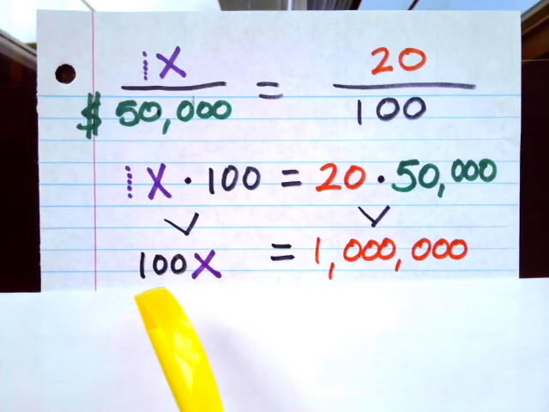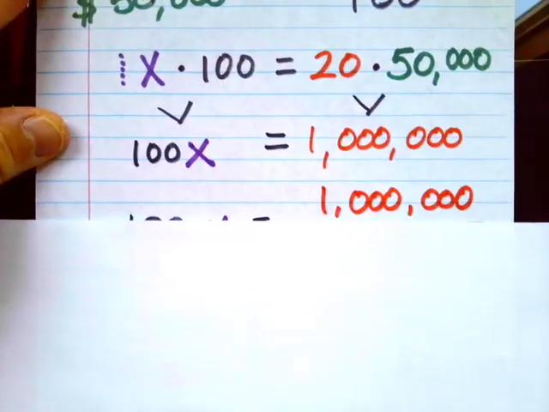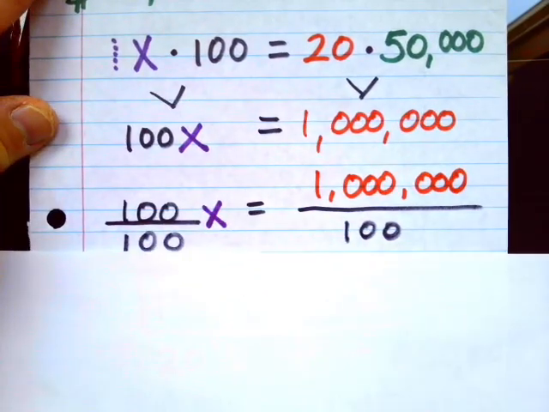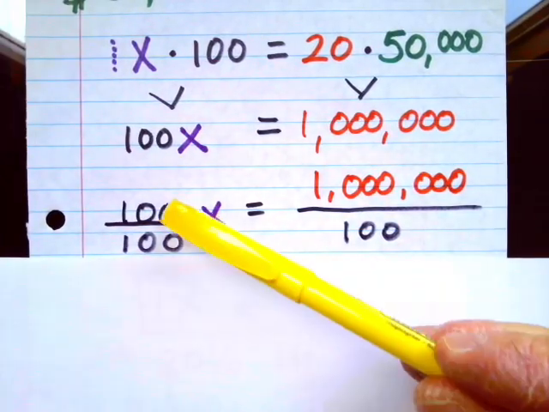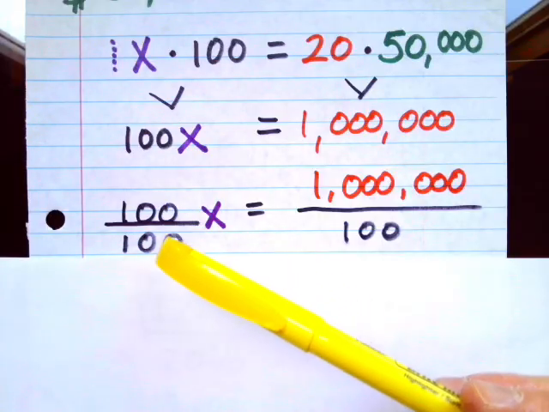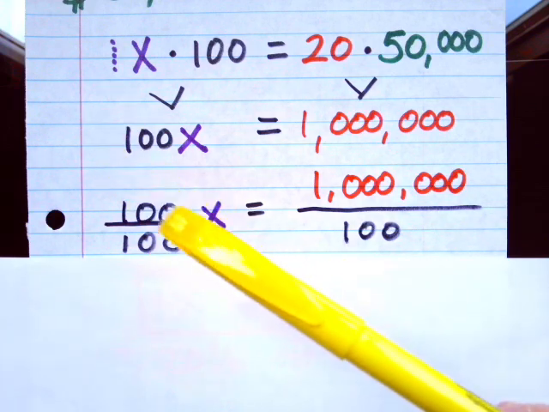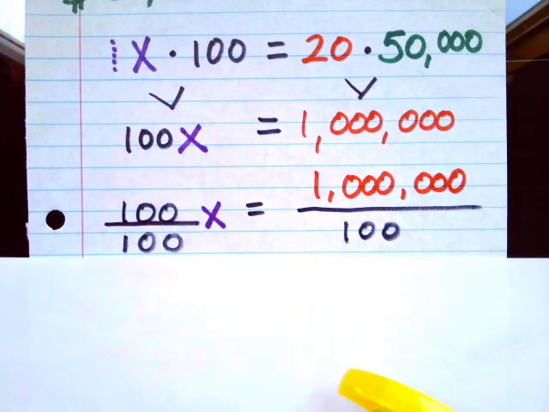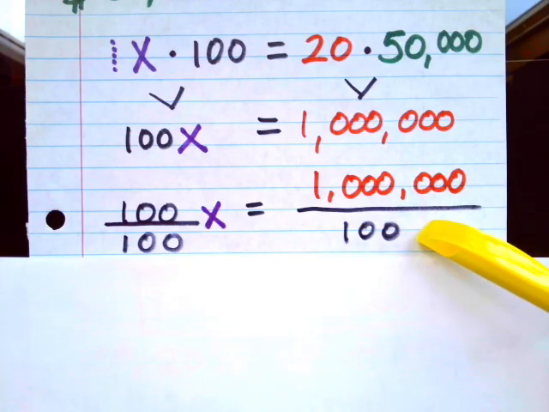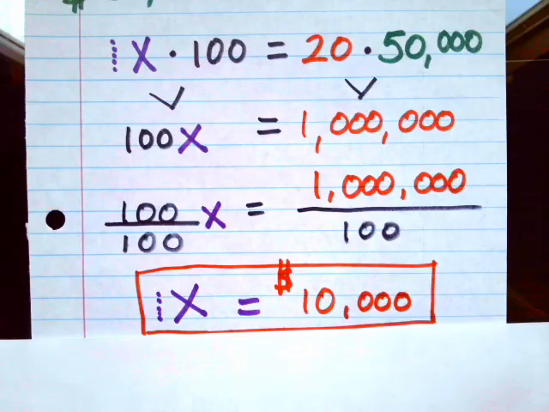The only way I do that is I divide, the opposite of multiply, by 100 on both sides of that equal sign. That will turn that 100 into 1. Why? Anything over itself, 1 over 1, 10 over 10, 100 over 100, is equal to 1. That's that invisible 1x. So x will be by itself, equals 1 million divided by 100, which gives me a value of 10,000.